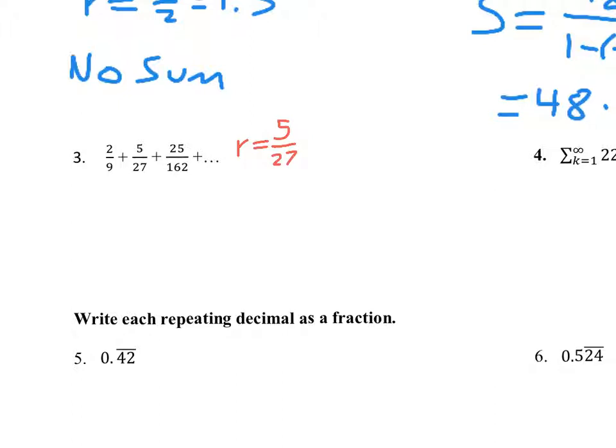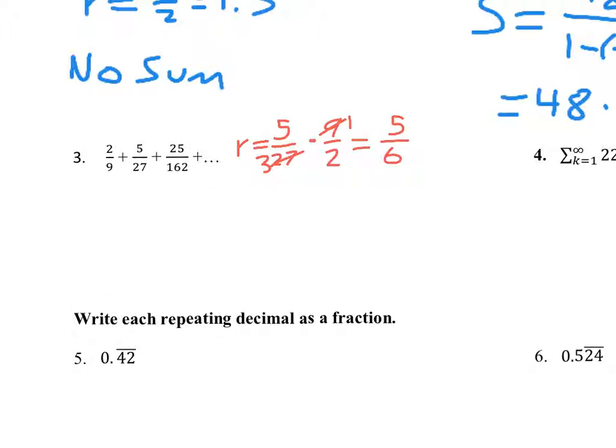Dividing by 2/9 is the same as multiplying by 9/2. So I'm going to reduce. That will equal 3, 1. So this becomes 5/6. That is between -1 and 1, so this will have a sum.